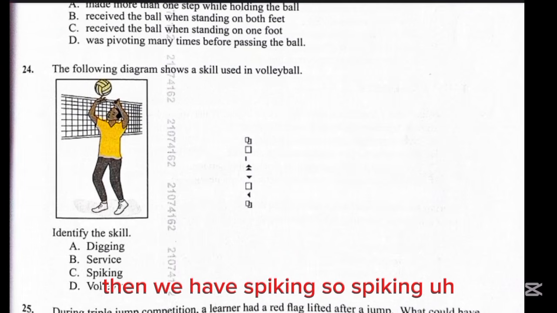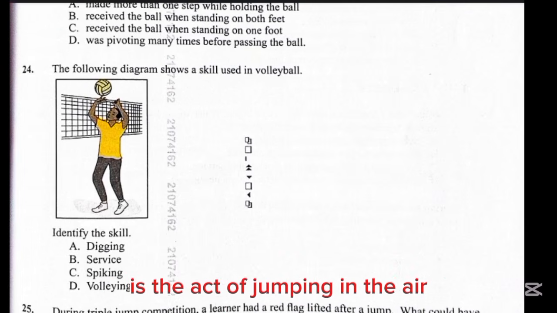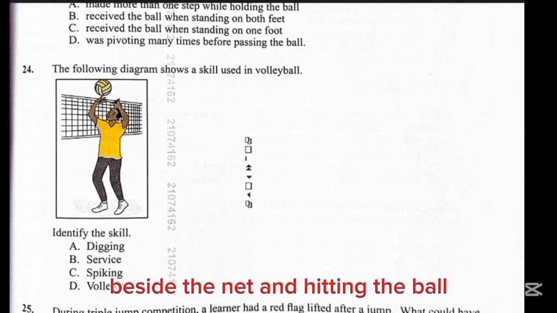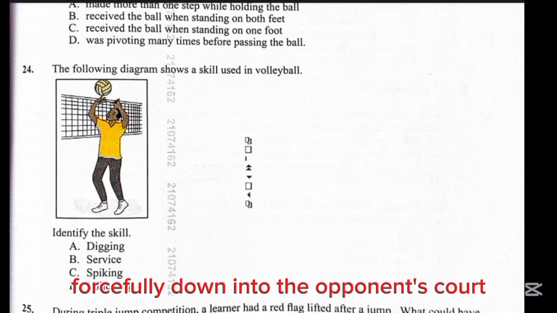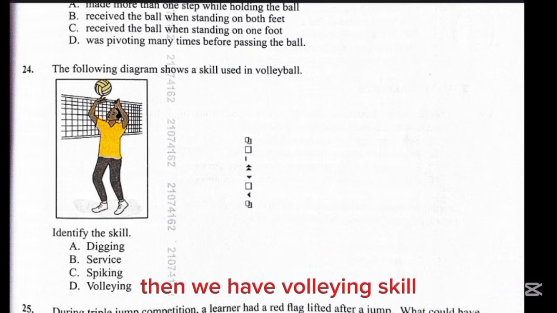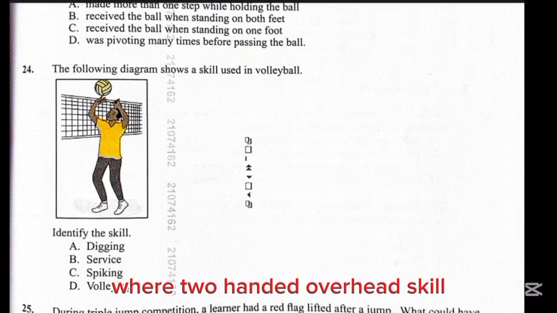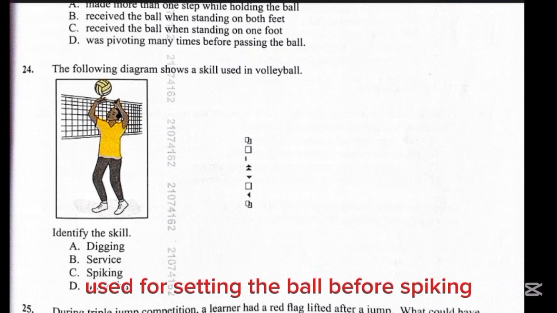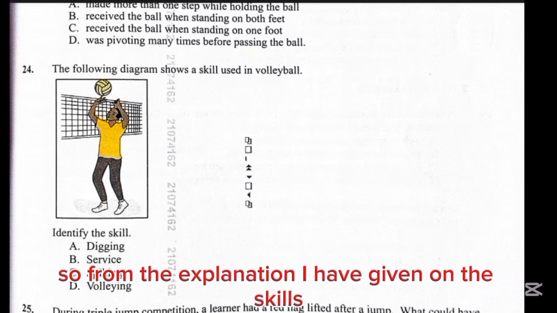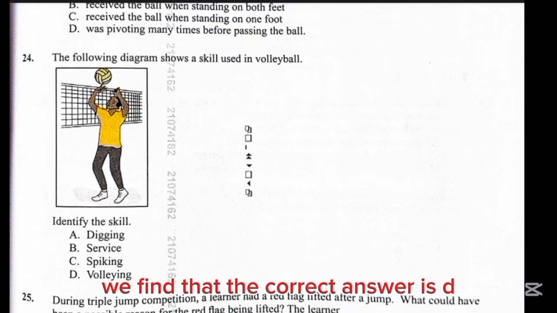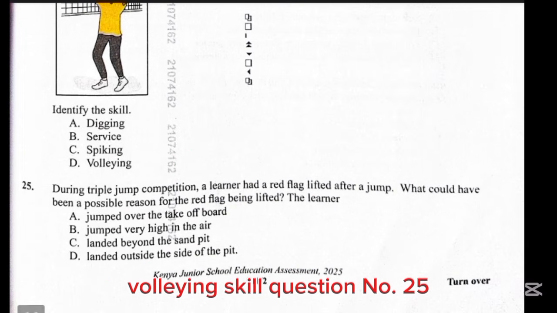Spiking is the act of jumping in the air beside the net and hitting the ball forcefully down into the opponent's court. Then we have the volleying skill, a two-handed overhead skill used for setting the ball before spiking. So from the explanation I have given on the skills, we find that the correct answer is D, volleying skill.